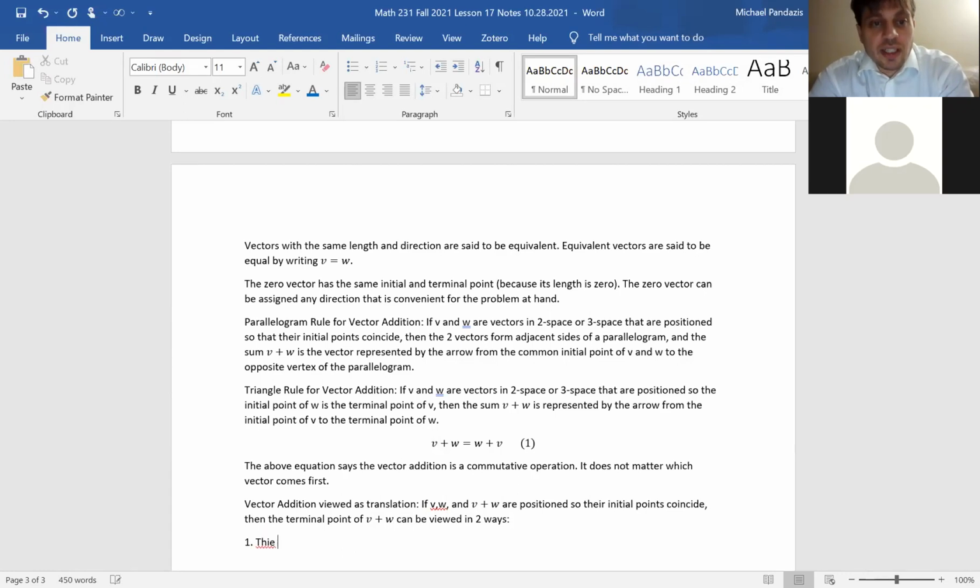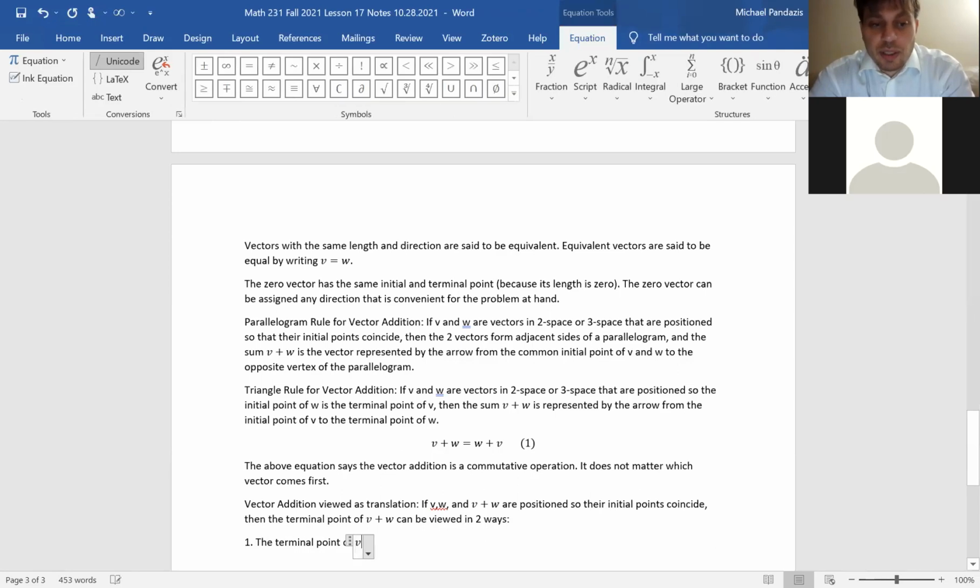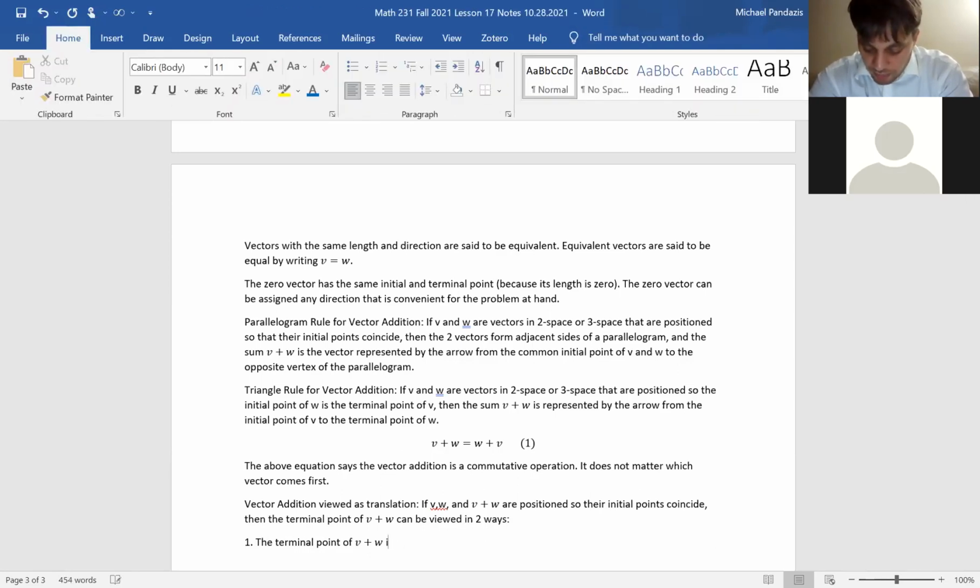Way one. The terminal point of V plus W is the point that results when the terminal point of V is translated in the direction of W by a distance equal to the length of W.